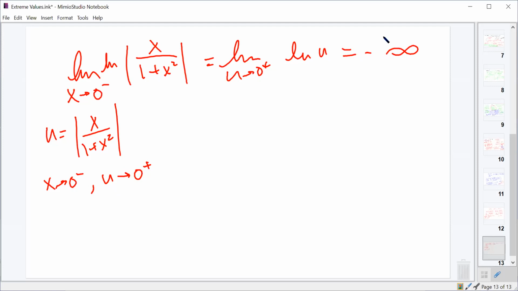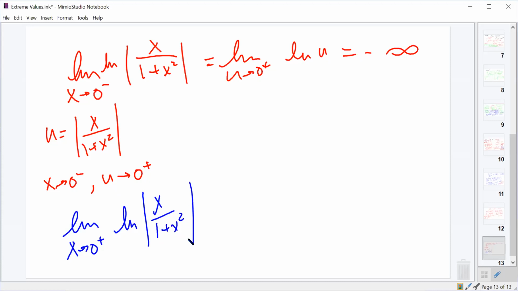And what about if I do the limit as x approaches 0 from the right? Same thing's going to happen, right? It's still going to be 0 inside the absolute value, and it's still going to be approaching 0 from the right. We're going to get negative infinity again. And so we should be able to tell then that to the left of -1, it's falling, and to the right of -1, it's falling, both to negative infinity.